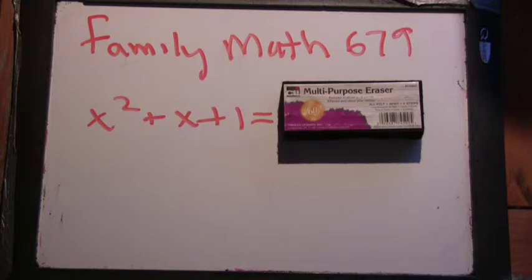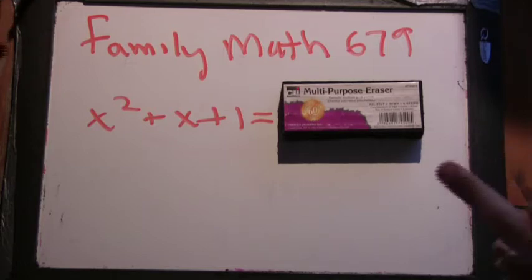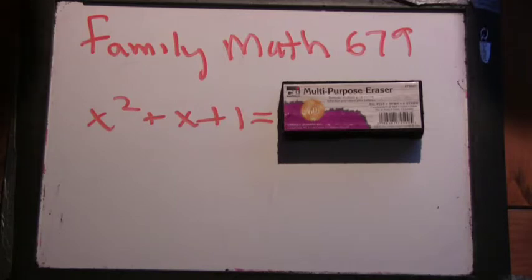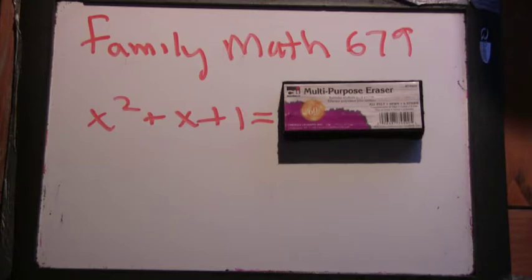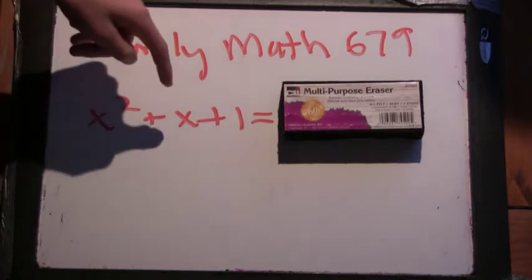Anything else you can say about that expression if x was an integer? This expression, x squared plus x plus 1, if x is an integer. We know it's going to be always positive.